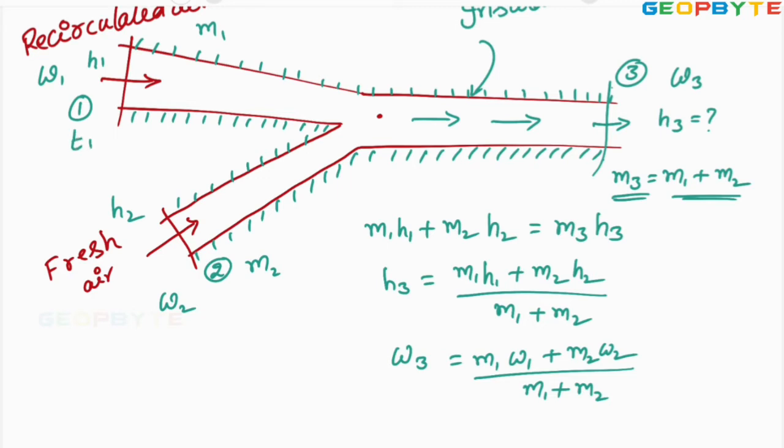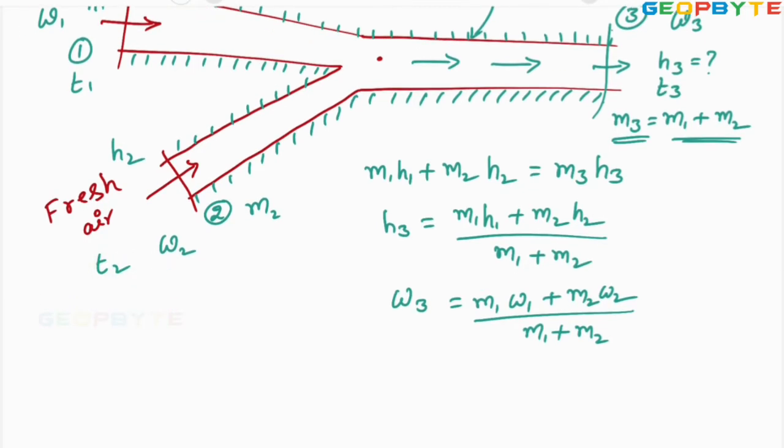T1 be the temperature of the recirculated air, T2 be the temperature of the fresh air, T3 be the temperature of the mixture. These three temperatures are dry bulb temperatures. Therefore, dry bulb temperature of the mixture equal to M1 T1 plus M2 T2 divided by M1 plus M2. I hope you clearly got the information. Let us go for the next problem.